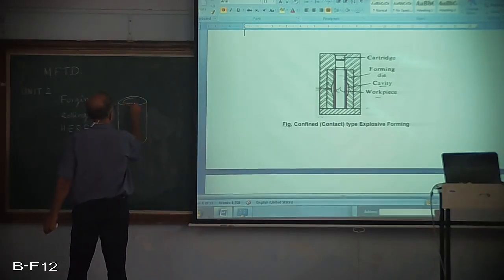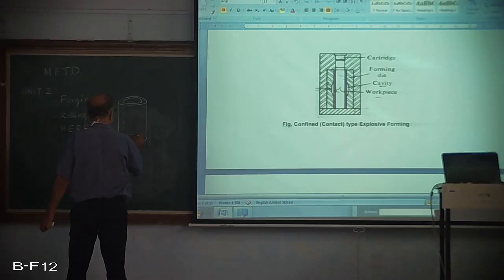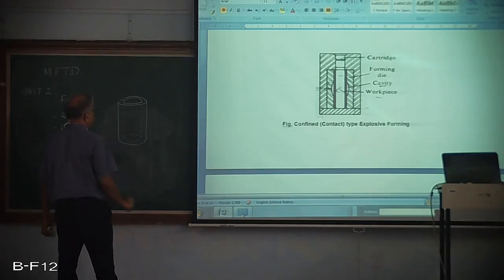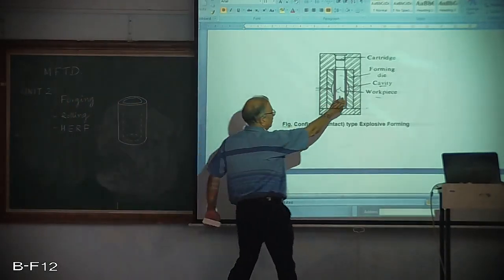Tubular workpiece with quite a thick wall all around, could be like this. So this is the tubular workpiece. So here, this is the die cavity.